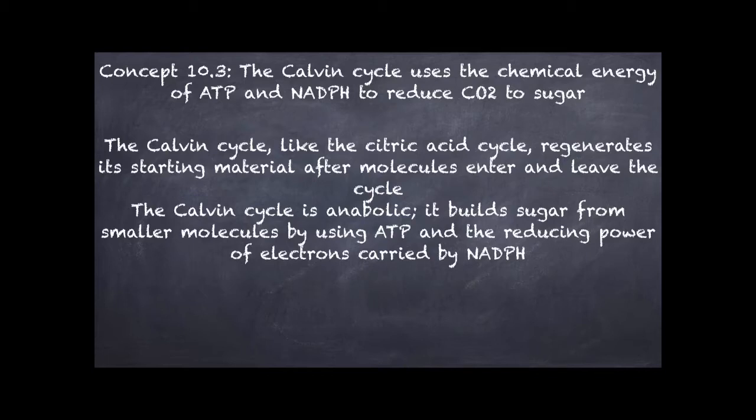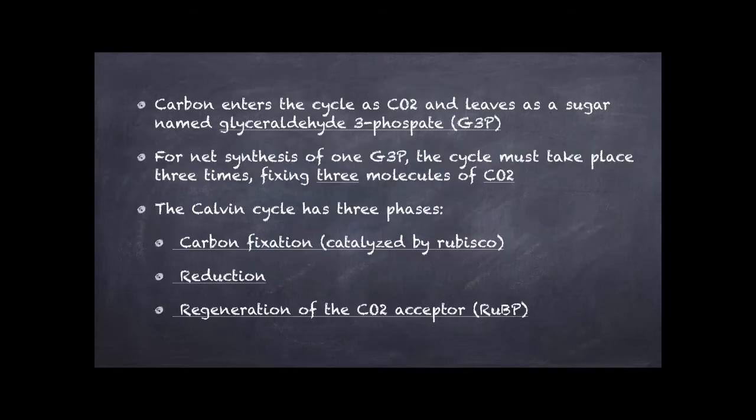It also uses an electron shuttle known as NADPH to carry those electrons, which get carried by the hydrogen. The citric acid cycle, on the other hand, is catabolic. So it oxidizes, or loses electrons, in order to get acetyl-CoA and the energy that it needs to make ATP.